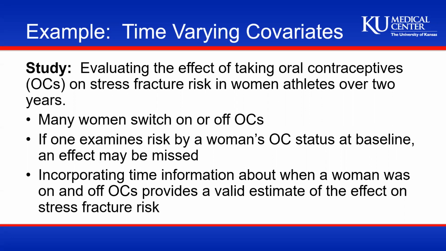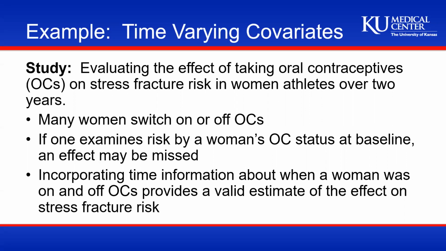Problem is, women switch on and off of oral contraceptives. So if you only ask them about their contraceptive use at baseline, then you might actually miss the true or a valid effect of its impact on stress fracture risk.